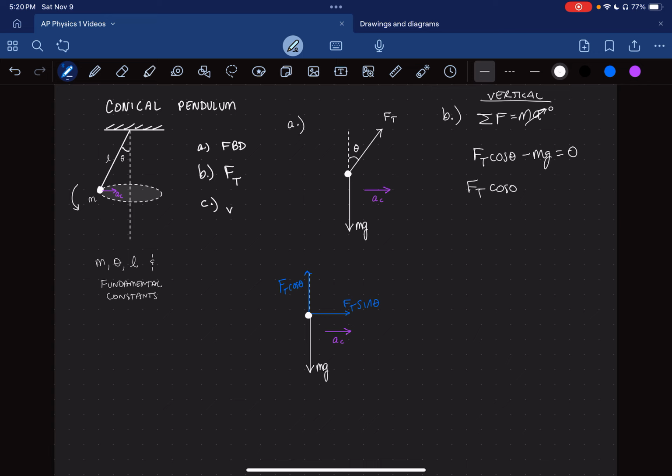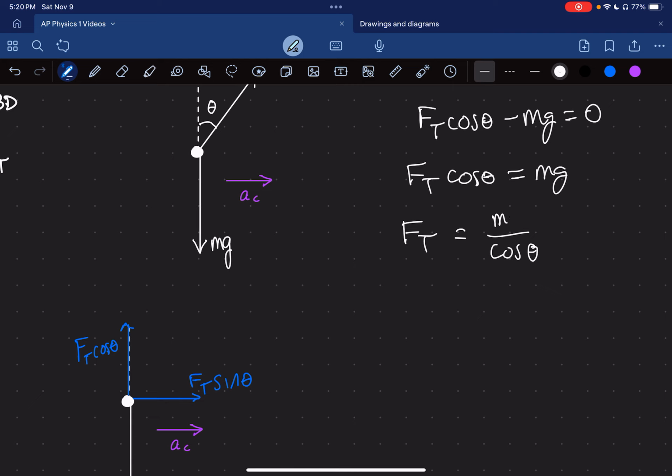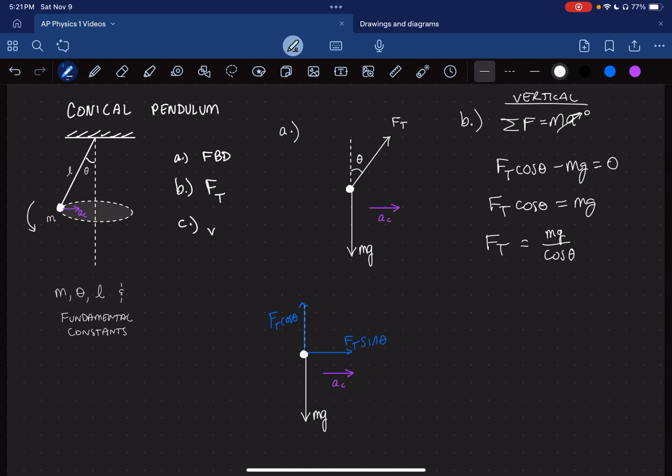And so ft cosine theta equals mg. This is mg over cosine of theta. I'm trying. This pen here on this tablet is really slippery. Cool, and there's no numbers. We do have it in terms of m, fundamental constant g, and theta. So this is done. That is the tension force in those terms.